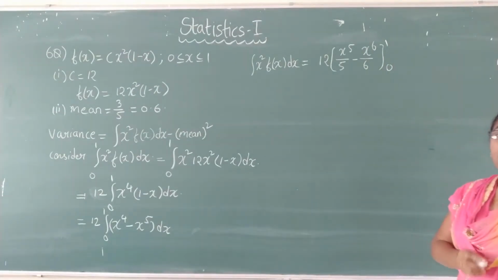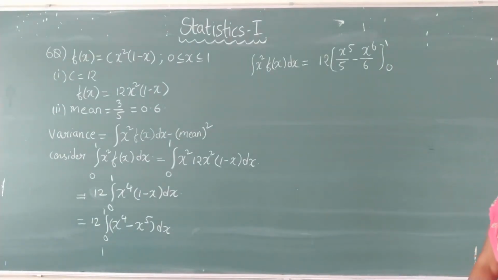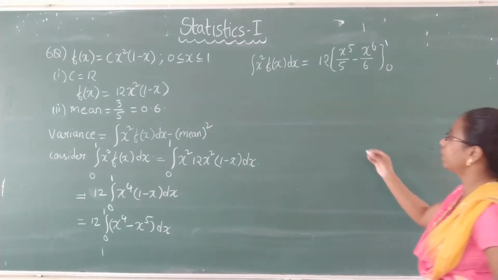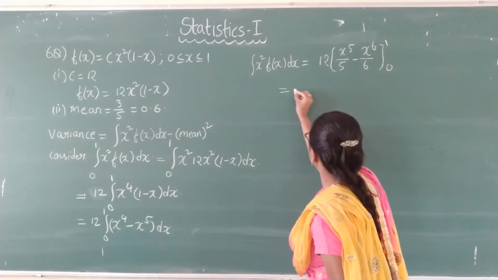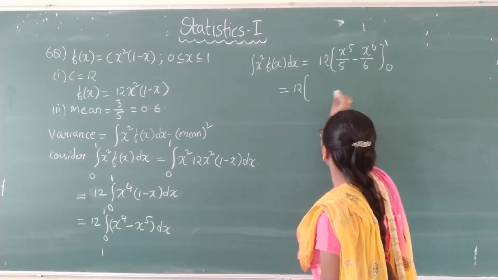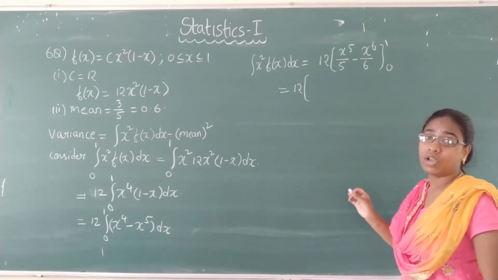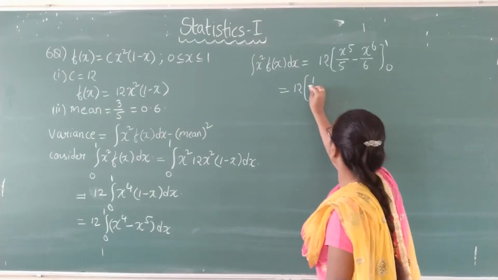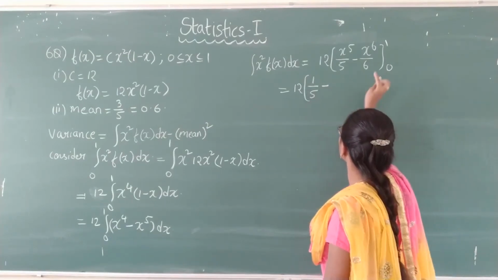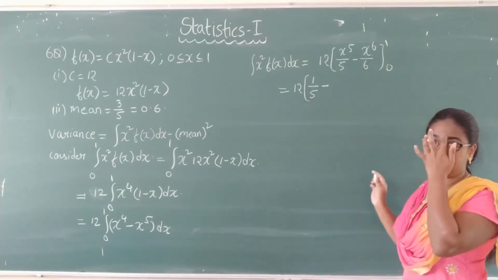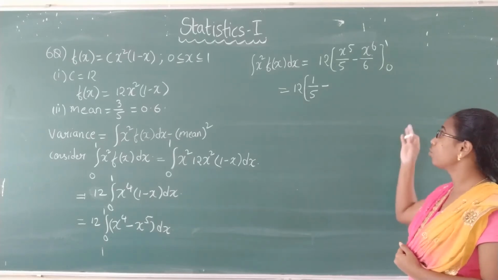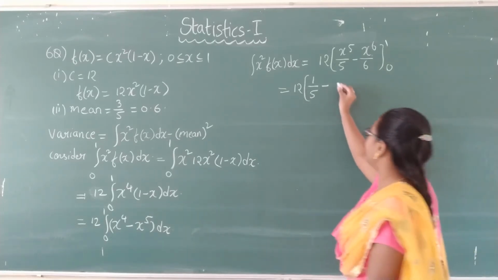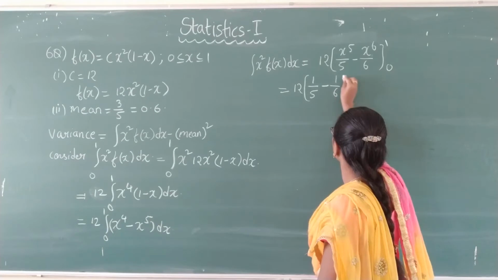Now apply the limits, upper limit minus lower limit. This equals 12 into 1 power 5, that is 1, minus 0, is 1 by 5, minus 1 power 6 is 1 minus 0 power 6 is 0, again we get 1 by 6.